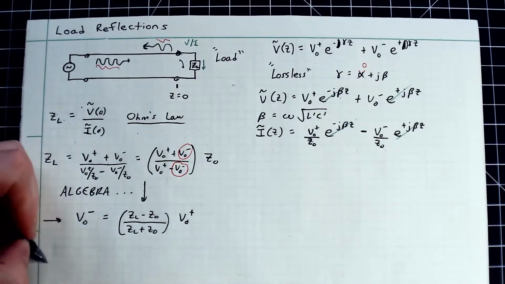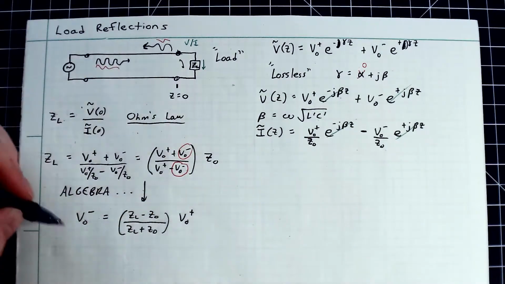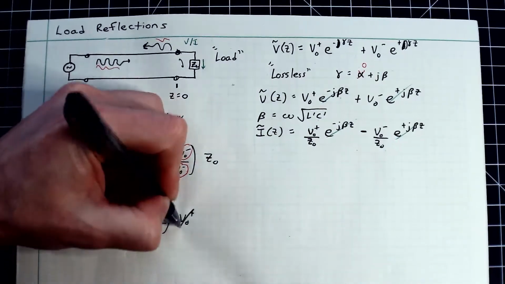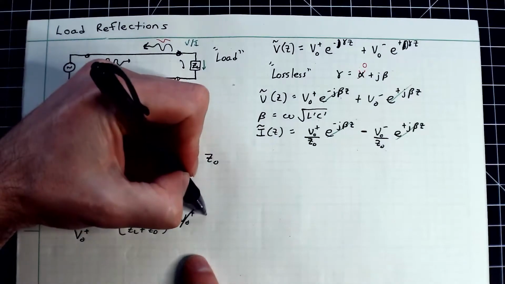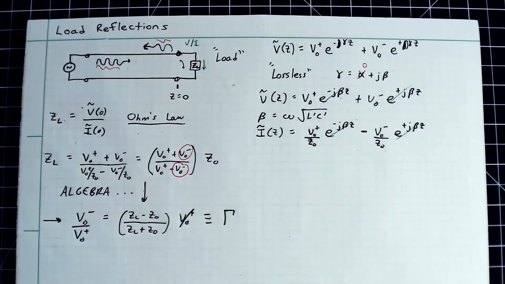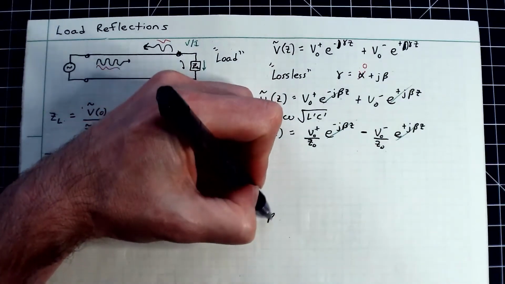So what I'm going to do is define a coefficient called the reflection coefficient. I'm going to divide out that V naught plus term, and this is, by definition, uppercase gamma, which is called the reflection coefficient.